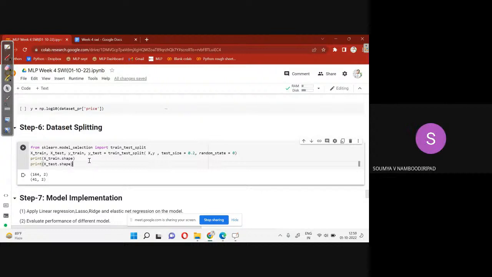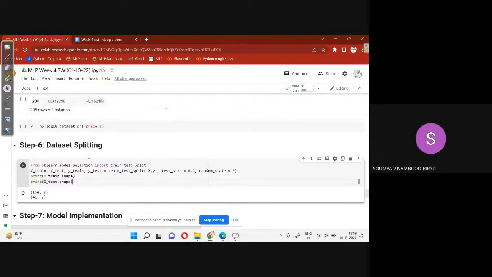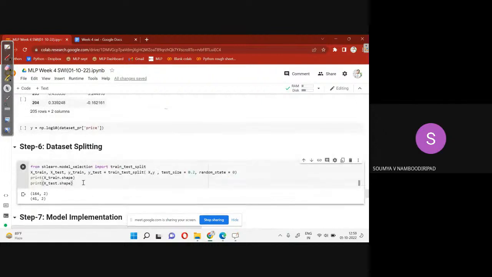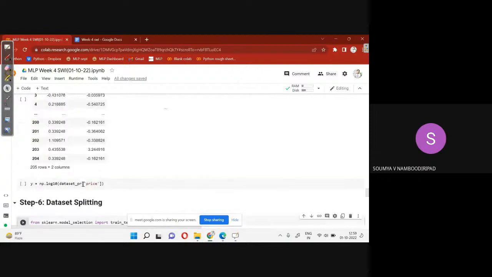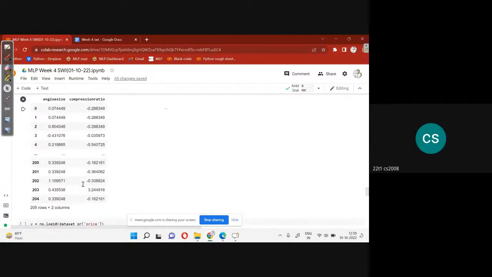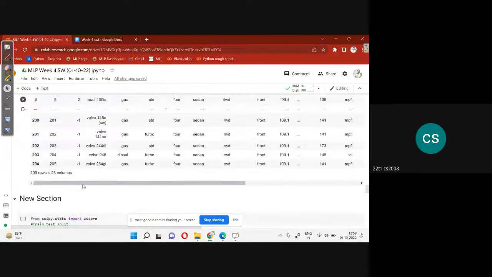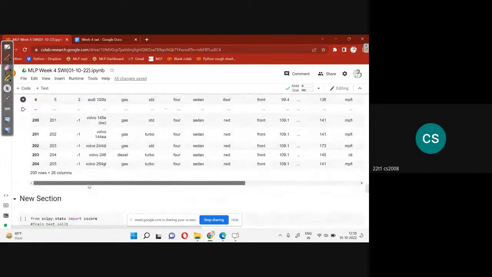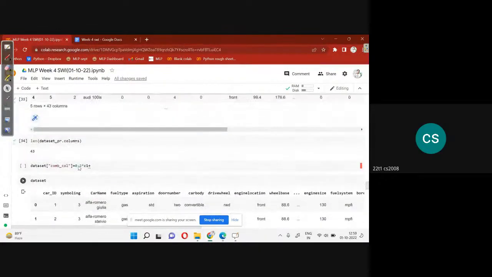For categorical features after encoding, should we do this VIF thing? Why are we not doing VIF for categorical? You can, otherwise it will be too long, because if you use the encoding, after the encoding you have around 43 columns.